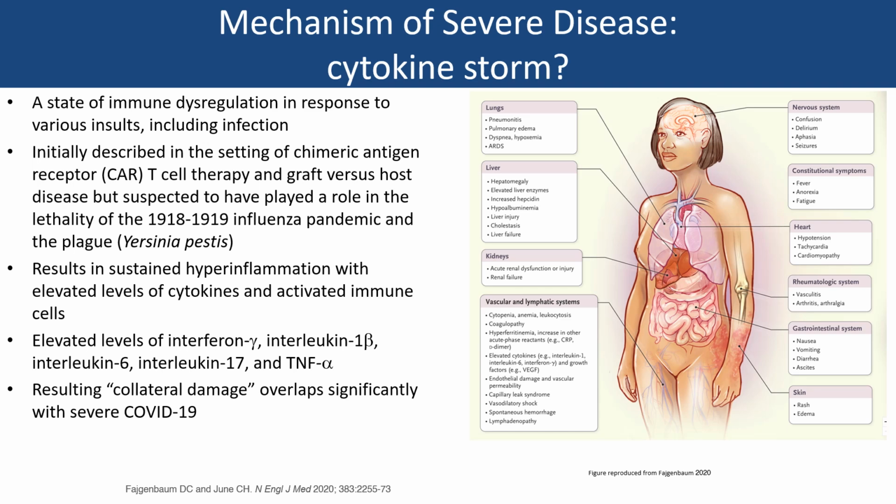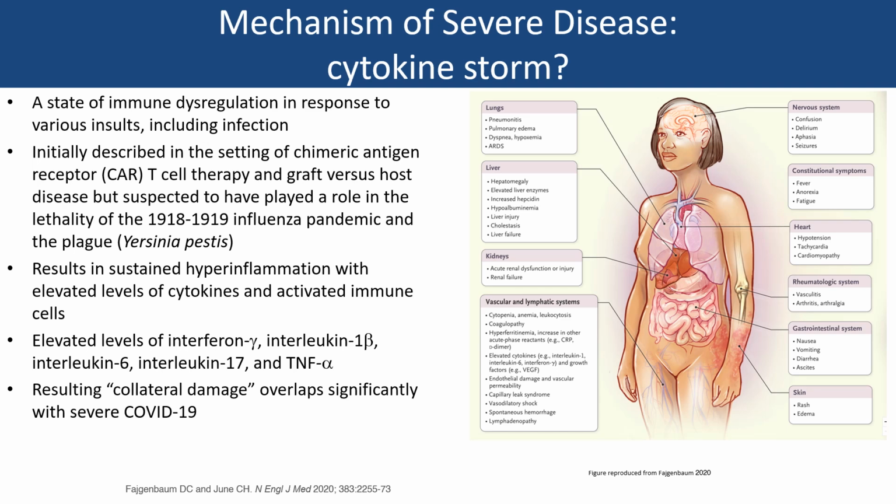This immune dysregulation is probably triggered in the setting of SARS-CoV-2 by the high load of the virus through the expression of its various immune-evading proteins leading to the cytokine storm. This manifests as sustained hyperinflammation with elevated levels of cytokines such as interferon gamma, interleukin 1 beta, interleukin 6, interleukin 17, and TNF alpha, as well as activated immune cells.